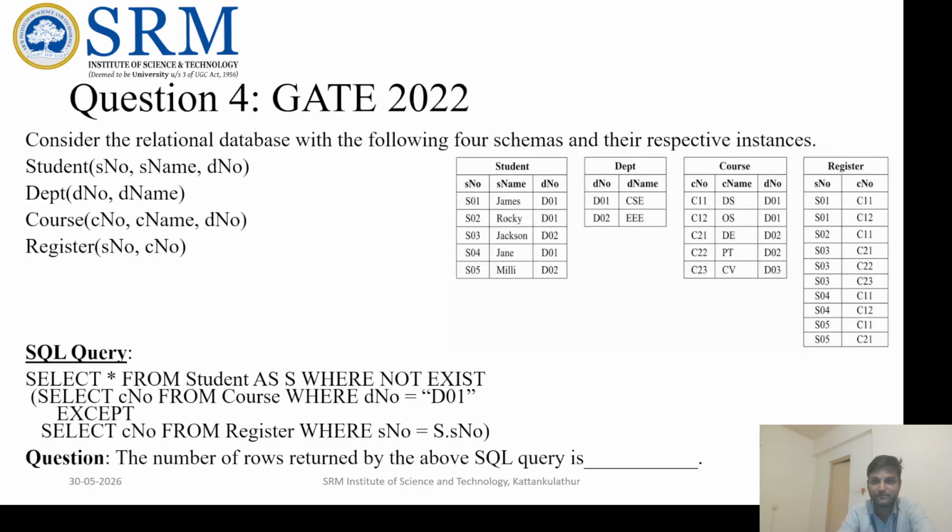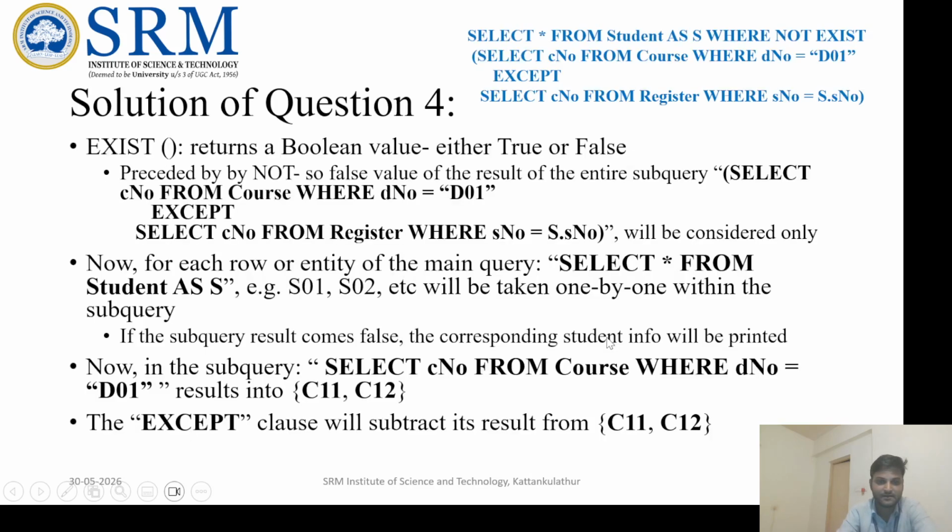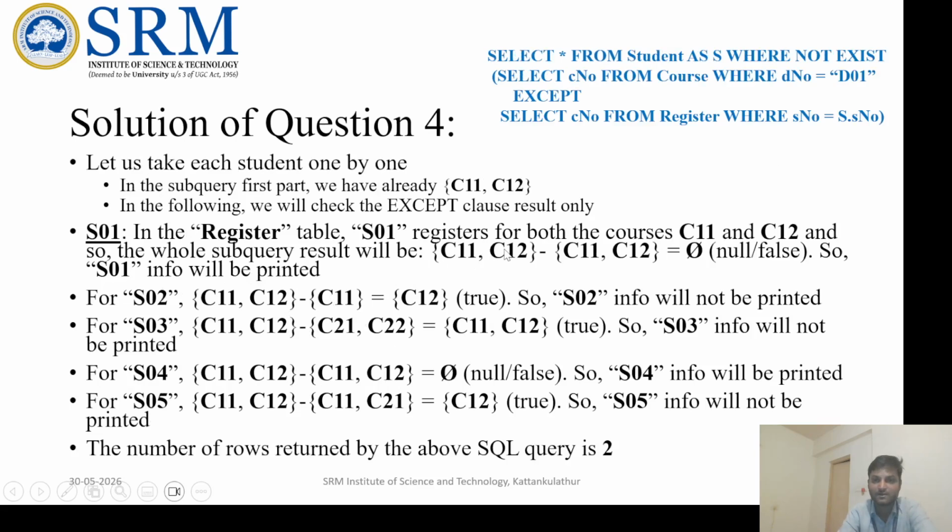If we go to the table, the C numbers for S01 are C11 and C12, so S01 registers for both courses, and the whole subquery result will be C11 and C12.